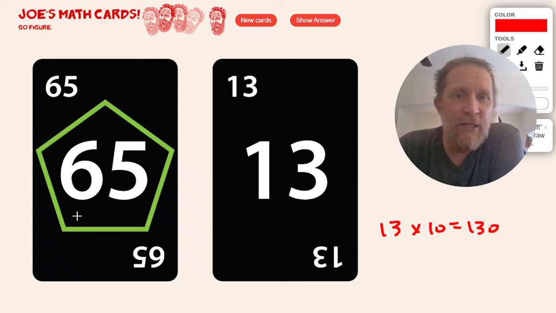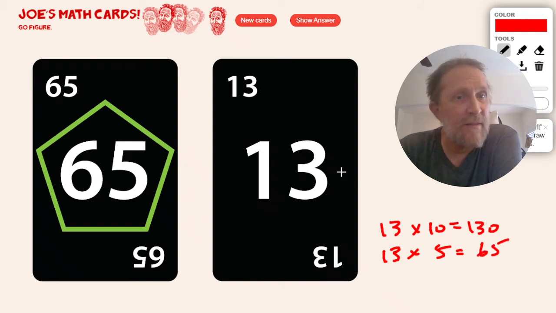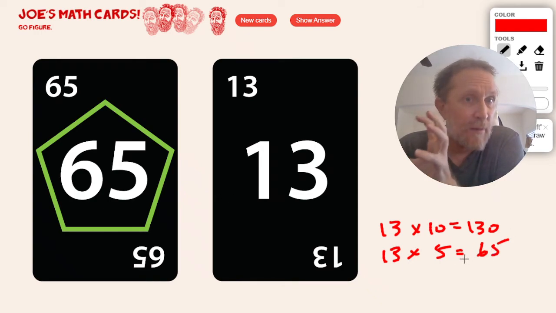And then, well, that's way too much. 130 is way too much for 65. So then the next step is to think, oh, well, what's 13 times 5? And the reason I jump from 10 down to 5 is I can just cut this in half. Half of 130, it turns out, is exactly 65, and in this case, it gives me the answer. If it doesn't give me the answer, at least it gives me a starting point.